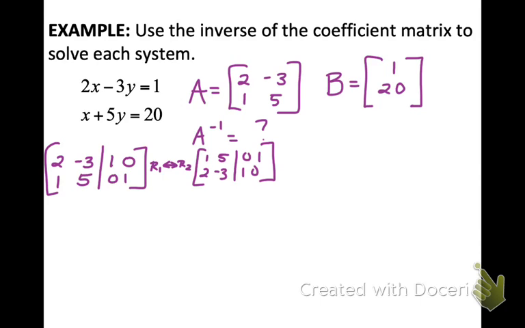All right, what's my first move? I like that idea: negative 2R1 plus R2. Row 1 is not changing: 1, 5, 0, 1. Am I writing too small? Can you guys see that?